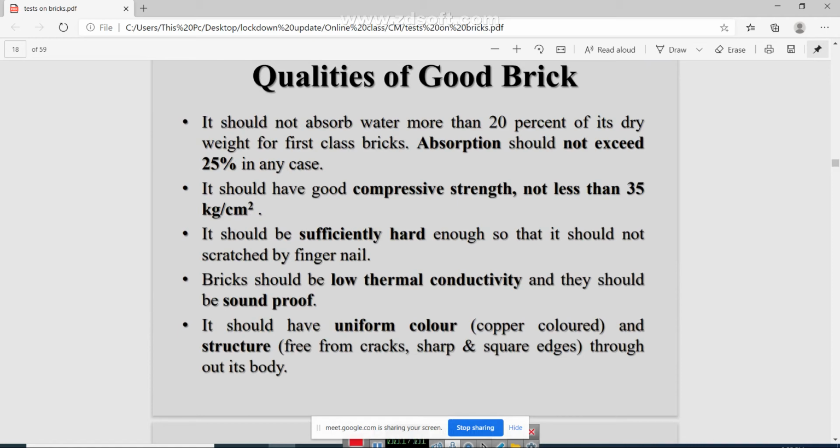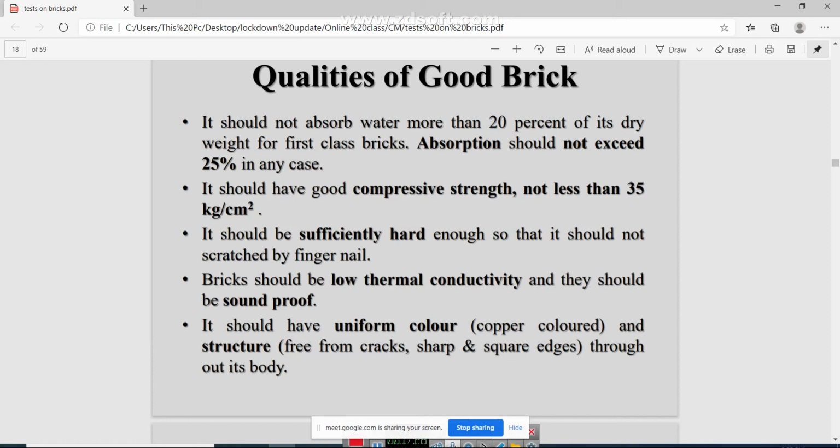If the brick has a certain weight, after immersing it in water for say 24 hours and weighing it again, the increase in weight should not be more than 20% for first class brick. In some cases it may go a bit beyond 20%, but it should never exceed 25%.